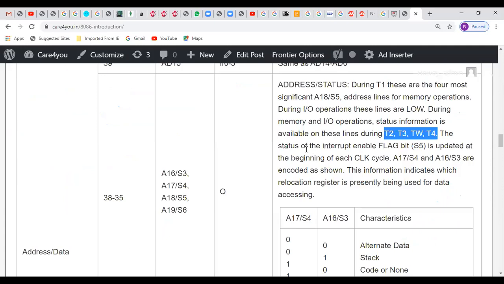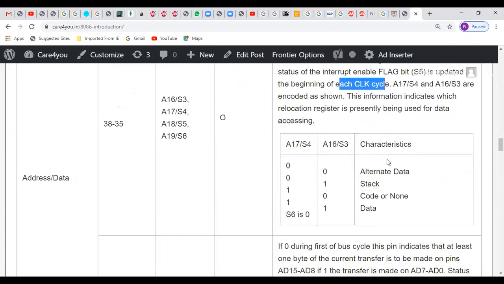The status of the interrupt enable flag, I flag, bit S5, is updated at the beginning of each clock cycle. Let's see what exactly these are. You can see here the pins S4 and S3, pin number 38 and 37.